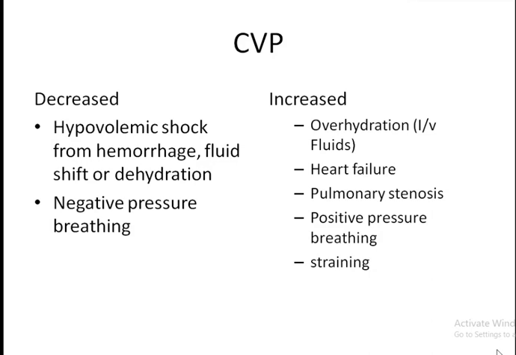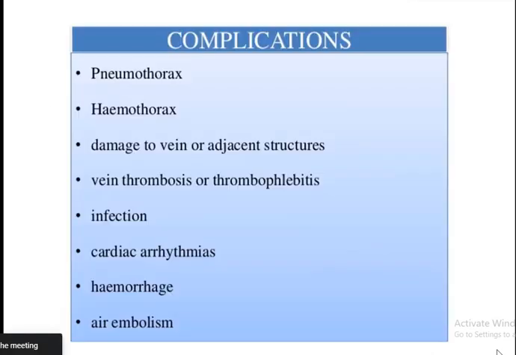This is an important point, because in ICU, patients are on an invasive mechanical ventilator, so they are on positive pressure. Usually our breathing is negative pressure breathing. So you have to take into account that while the patient is on mechanical ventilation, there is a slight increase in CVP, and there are other causes also.